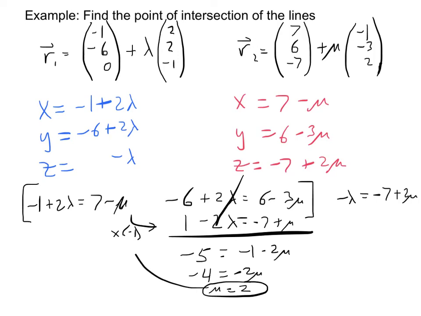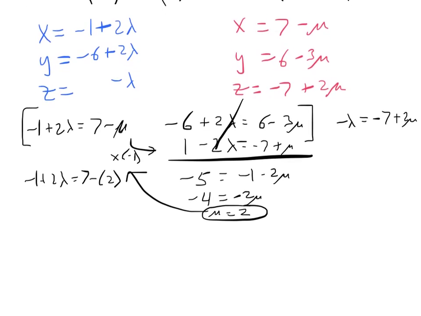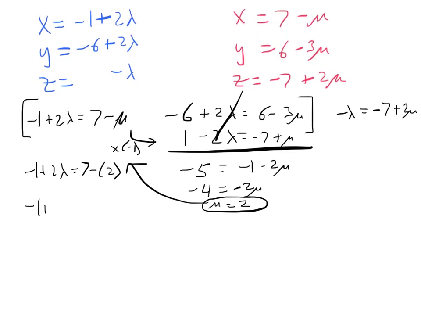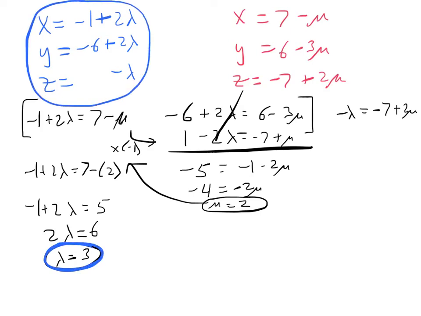I'll now plug that in over here. So -1 plus 2 lambda equals 7 minus 2. That means that -1 plus 2 lambda is 5, so 2 lambda is 6, so lambda is 3. So those are my two times of intersection. Now what I'm supposed to do is go back and plug this lambda in here, and plug this mu in to these values.